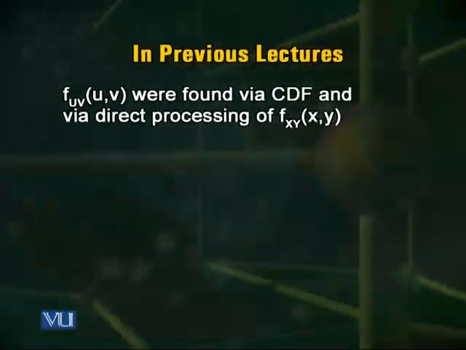The other route was a direct route where we studied the transforming functions and how they modify the domain of the underlying random variable or variables to the derived random variable or variables. From this relationship, we directly reached the joint PDF of the derived random variables from the joint PDF of the underlying random variables and the nature and characteristics of the transforming function or functions.